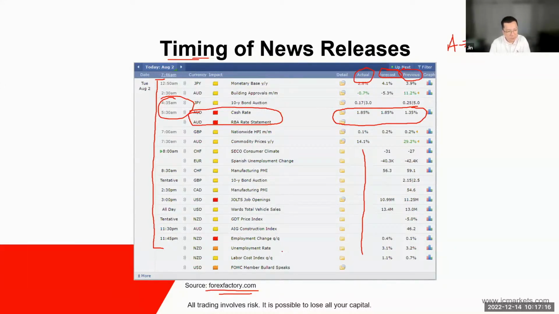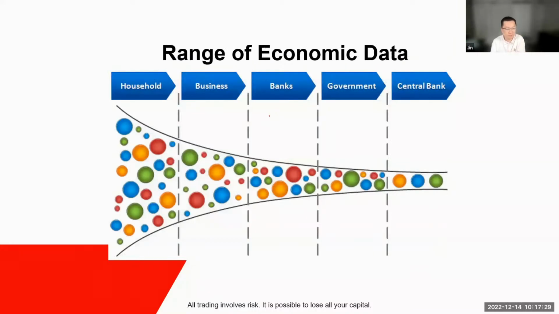Okay, so it can get quite confusing. What you want to do is consider how all these news events come together, and which ones are going to be more important. And that's where we have this slide here, right? Household news. So this is a range of economic data. What we get in household news are employment numbers, consumer spending, the job numbers, consumer sentiment, all that retail sales data.